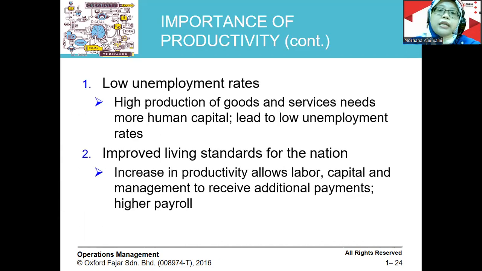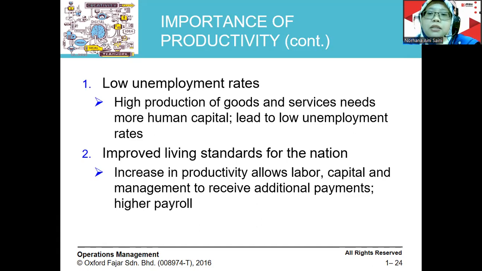Low unemployment rate, because high production of goods and services needs more human capital, so that it will lead to low unemployment rate. Everyone has their own work. If the productivity is very high, the production volume is very high, definitely we will need more human capital.